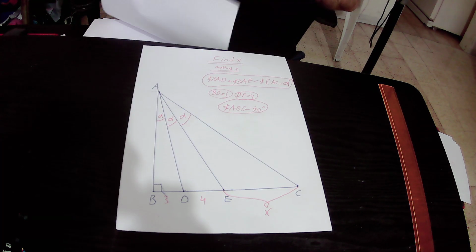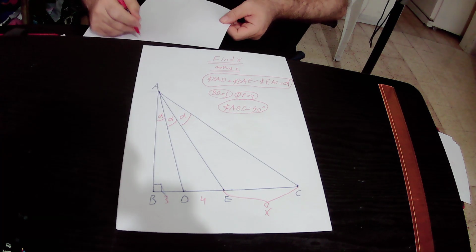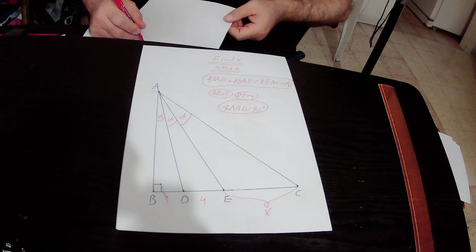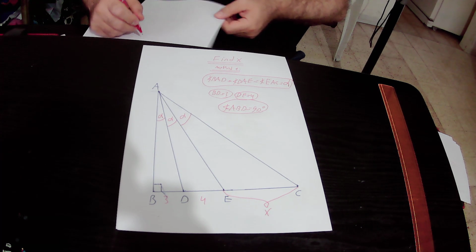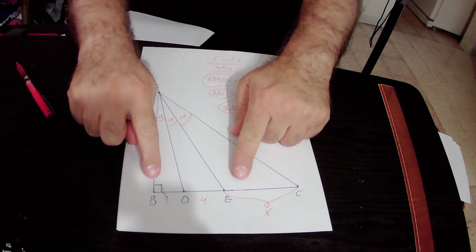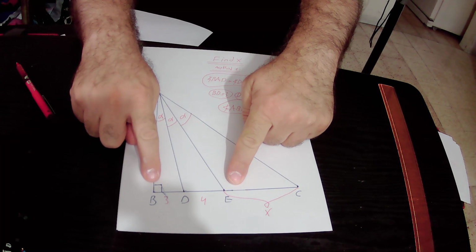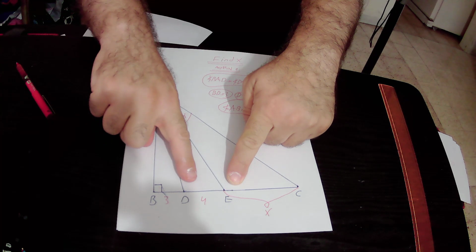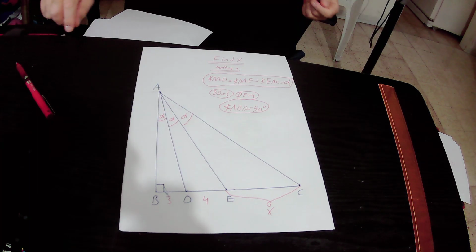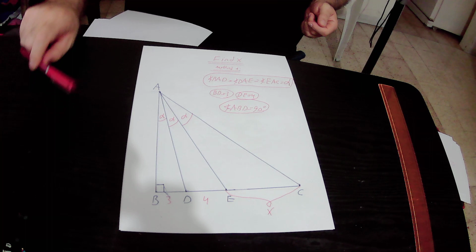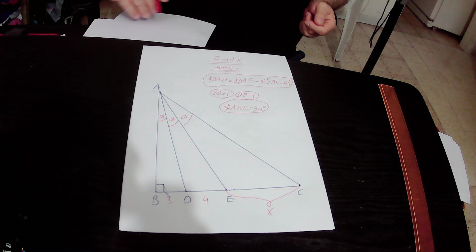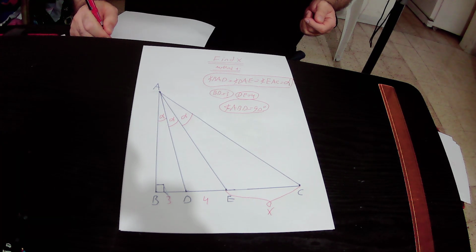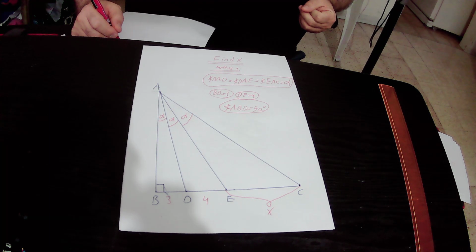Okay? But what is the value of BE? BE equals 3 plus 4. That is to say, BE equals 7. And we have already found out that AB equals 3 times root 7.